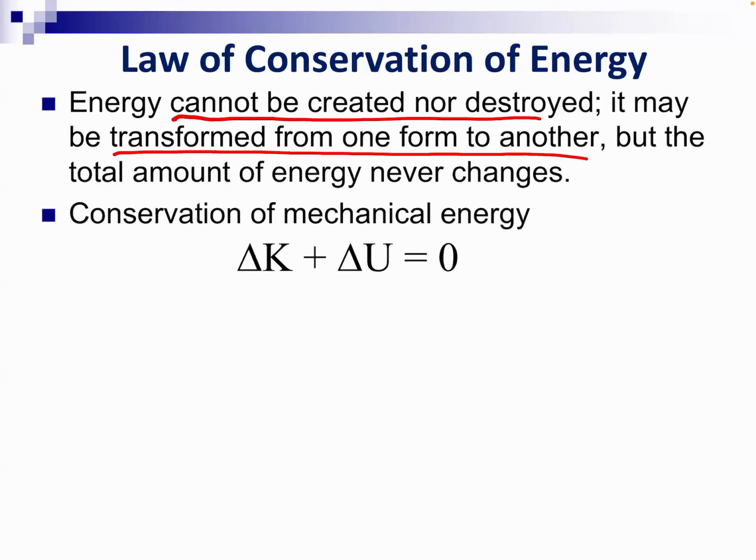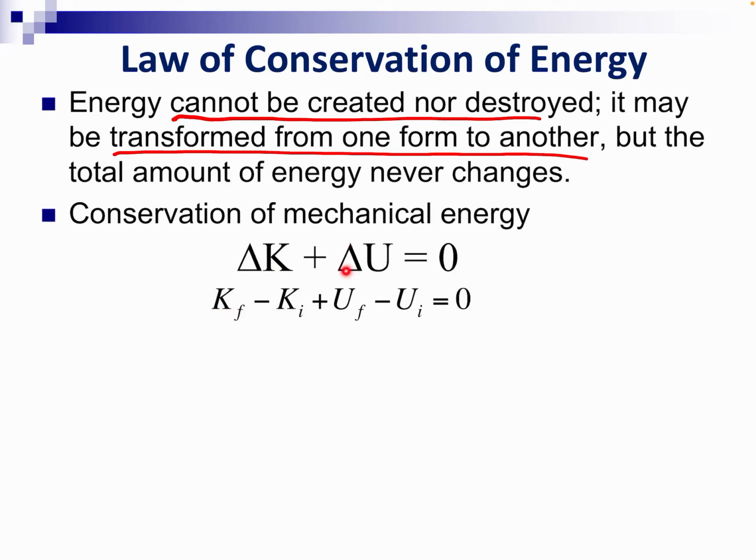Okay, right. So let me expand this equation. The Greek symbol delta, or triangle, means change, meaning final minus initial. So I just expand delta K as final kinetic minus initial kinetic energy.